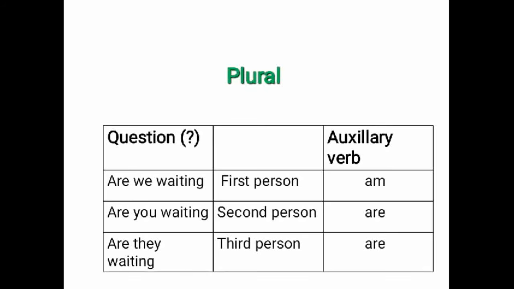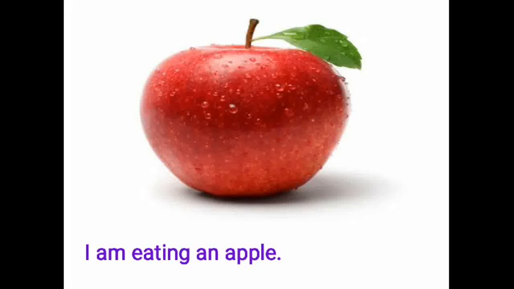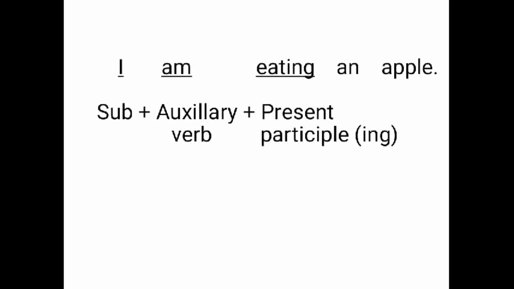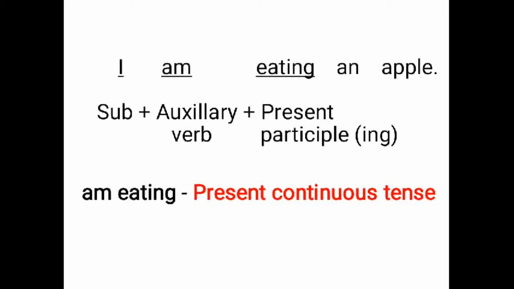Now let us take some examples. First one, I am eating an apple. In this sentence you have subject plus auxiliary verb plus present participle ing to the main verb. Am eating is the present continuous tense because the formula of present continuous tense is auxiliary verb plus present participle ing to the main verb.